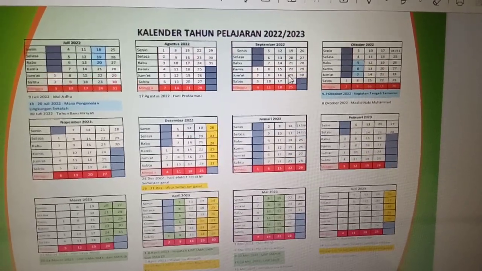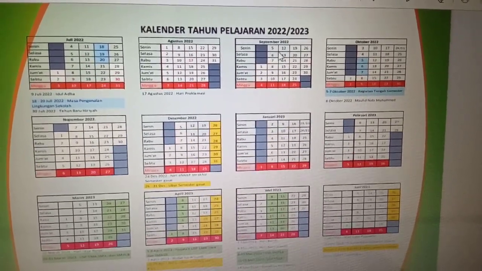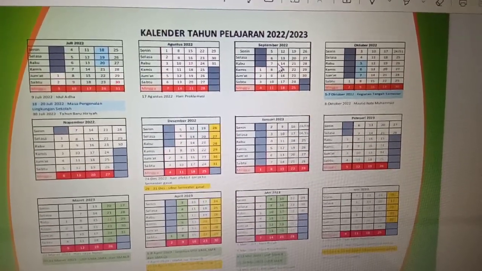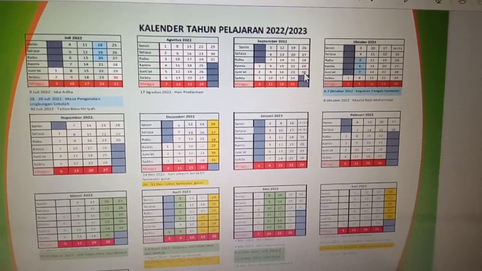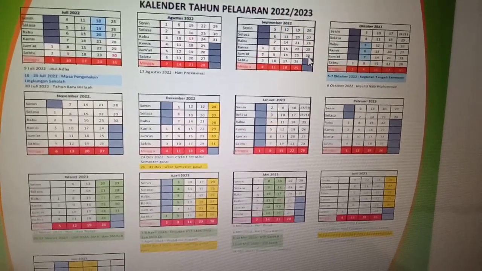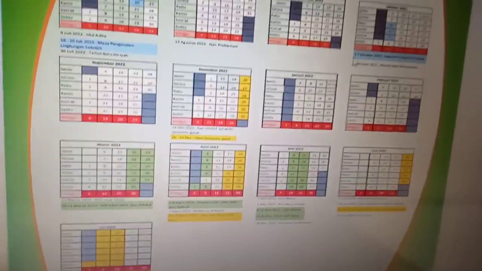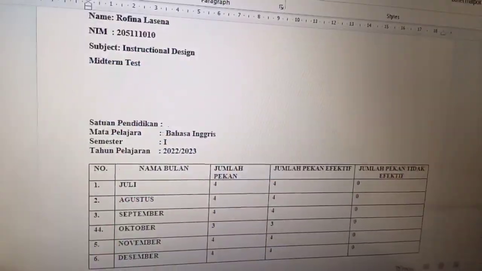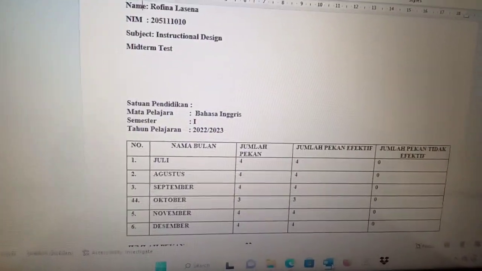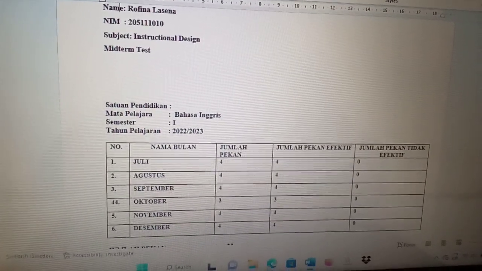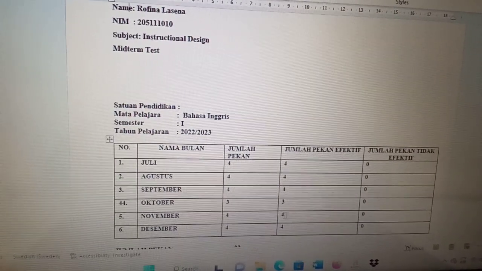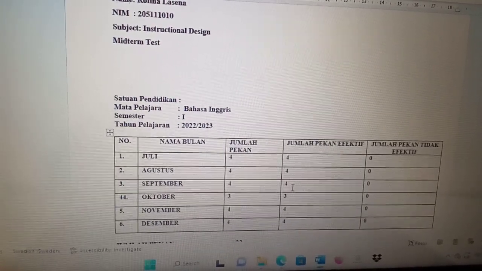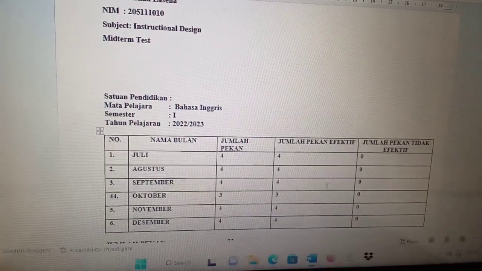And as we can see here, they are all effective. All 4 weeks are effective weeks. So again, as you can see on my monitor, 4 weeks, and all are effective weeks. So 4 minus 4 equals 0.